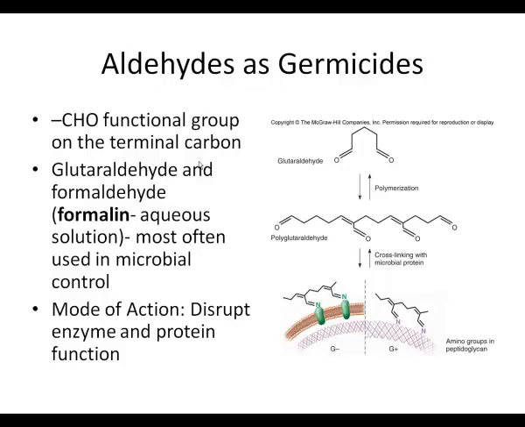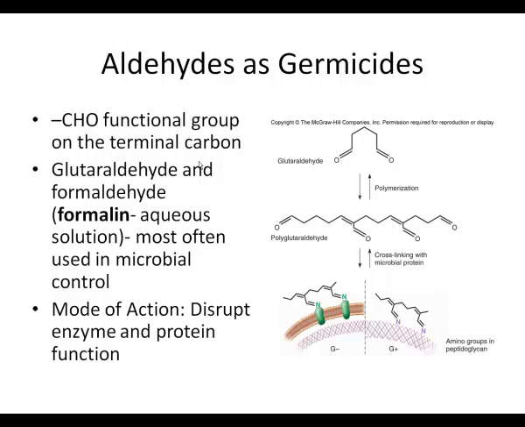Aldehydes are another type of germicide. Remember, you have your two aldehydes. You have your medial one, which is essentially your ketone, and then your terminal aldehyde on that terminal carbon. Glutaraldehyde, formaldehyde, and formalin, which is basically the aqueous solution of formaldehyde, are the ones most often used. Essentially they disrupt enzyme and protein function.